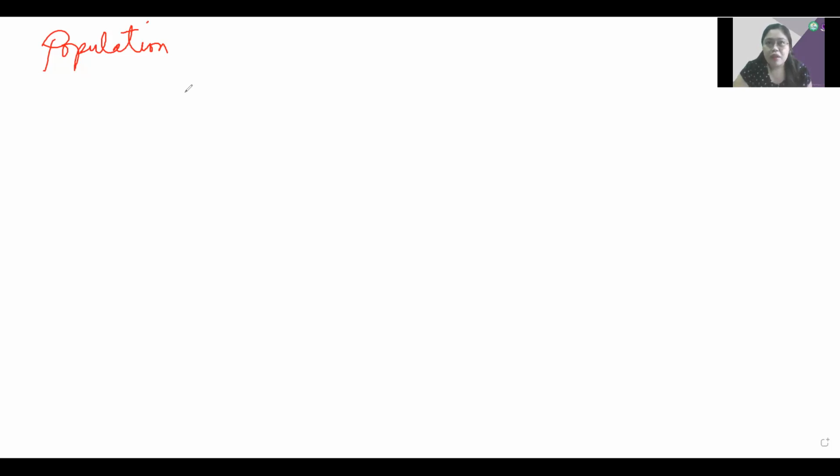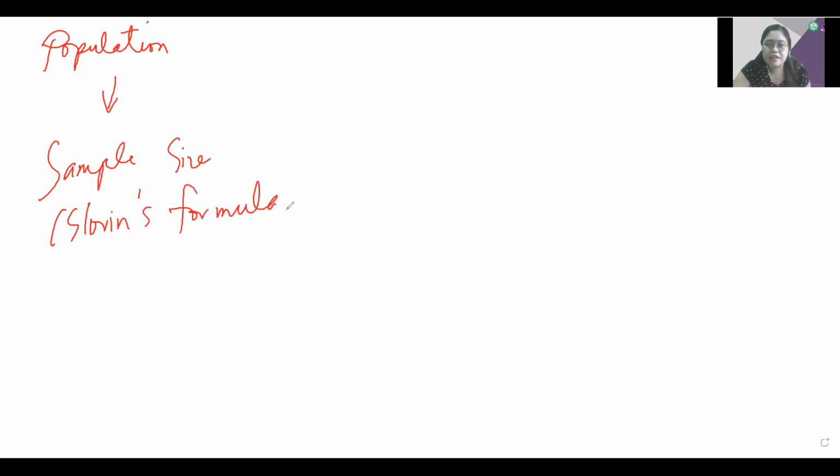And then, after knowing the population, that's the time you compute the sample size. So let's just have a short review on how to know the sample size of your study. So again, after getting the population, we will be computing for the sample size. And most of the time, we will be using the Slovin's formula for this.